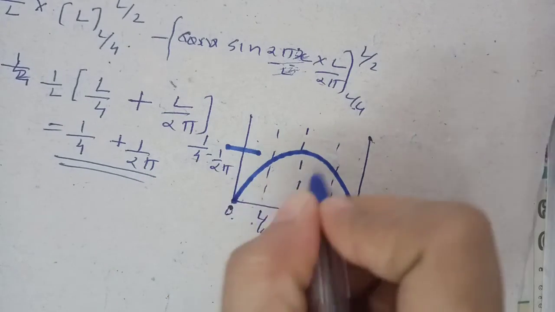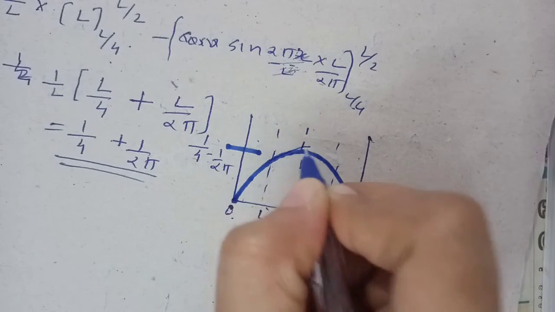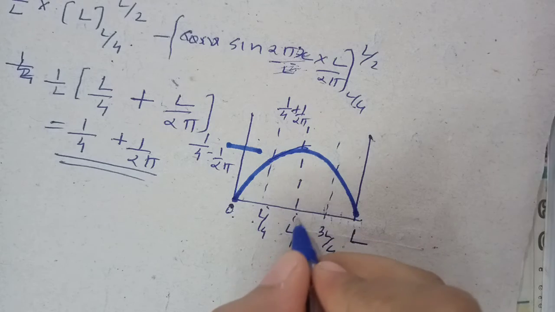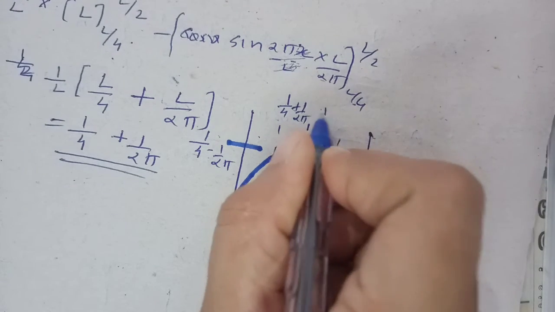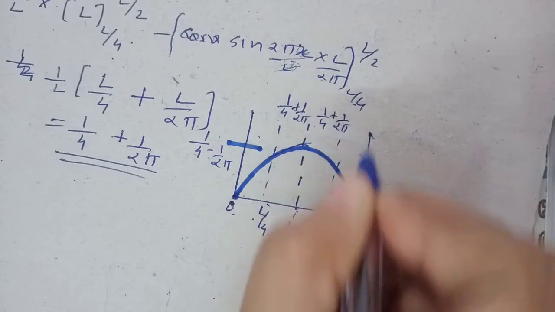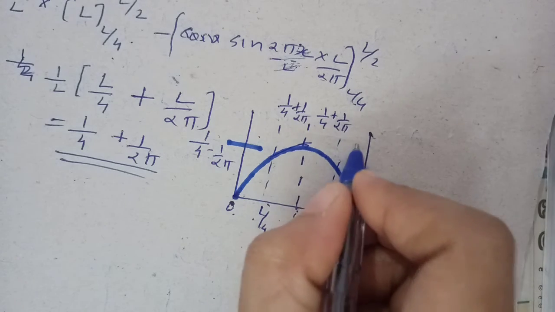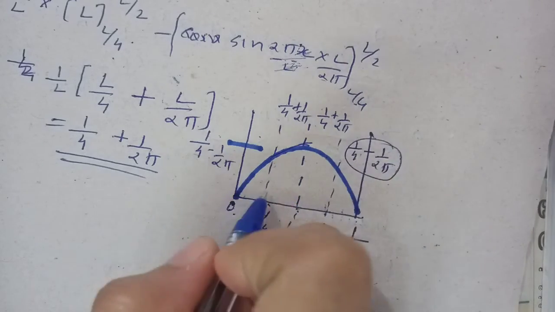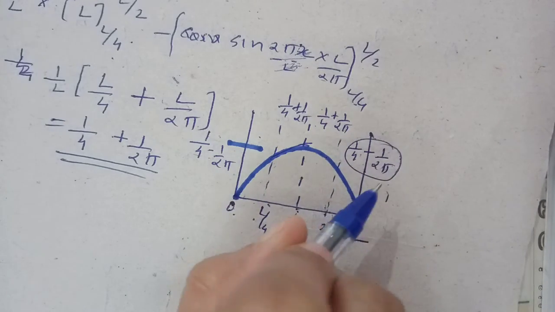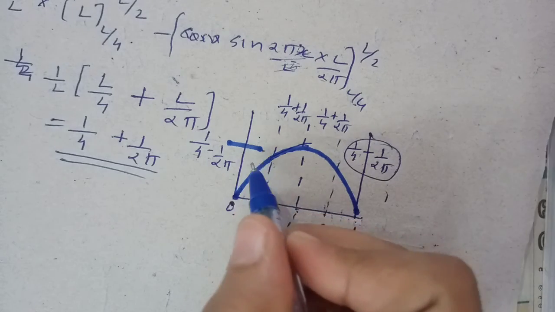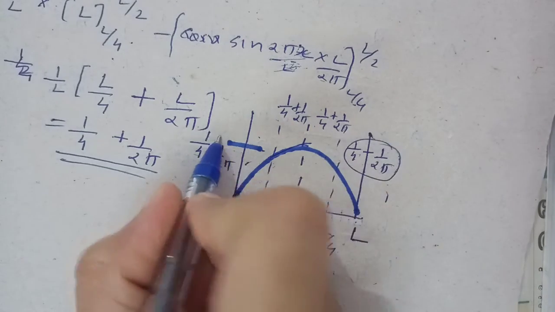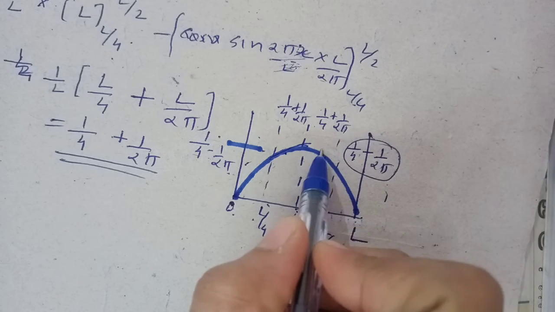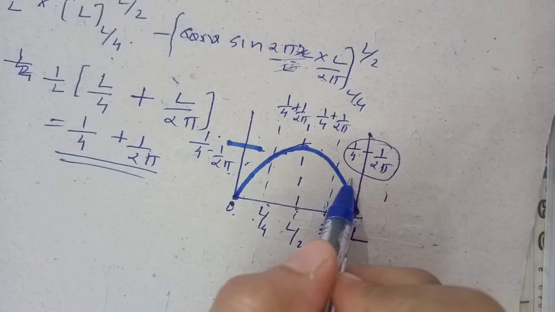From L/4 to L/2 it is greater, so 1/4 plus 1/(2 pi). From L/2 to 3L/4 it is also greater, so 1/4 plus 1/(2 pi). And from 3L/4 to L it is small, so 1/4 minus 1/(2 pi). So you have to remember the values and also understand the wave.